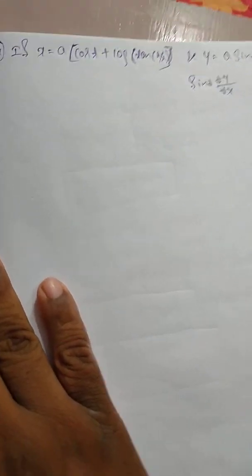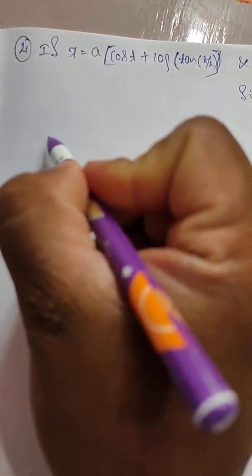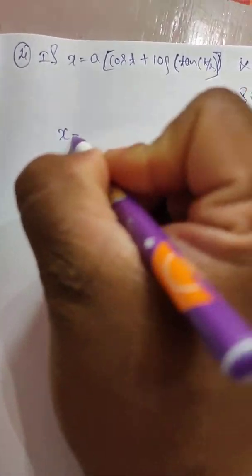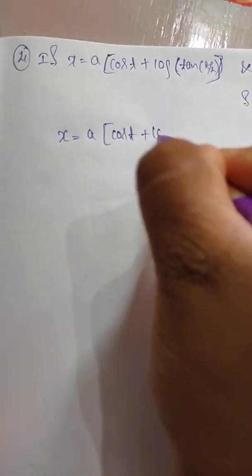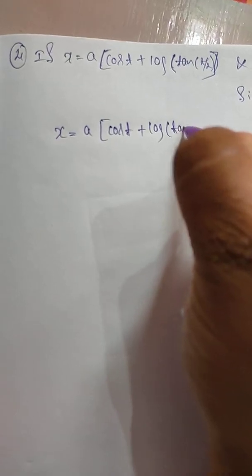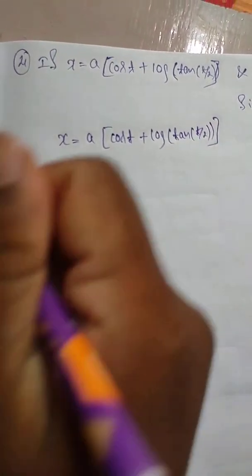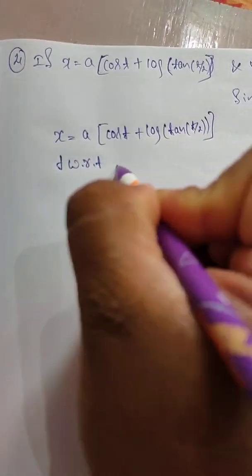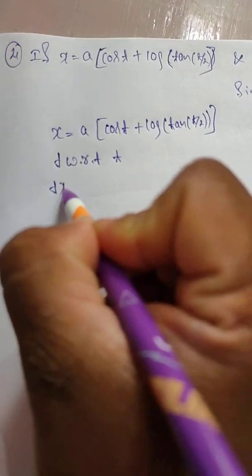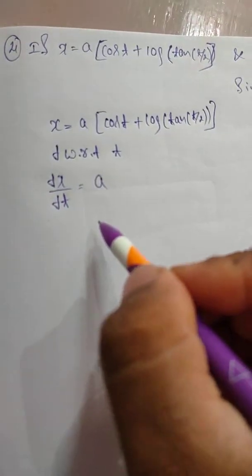Now x is equal to a into cos t plus log tan t by 2. Now differentiate with respect to t. dx by dt is equal to, since a is a constant, we take it outside.